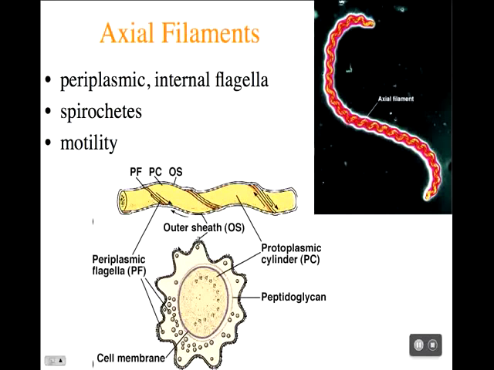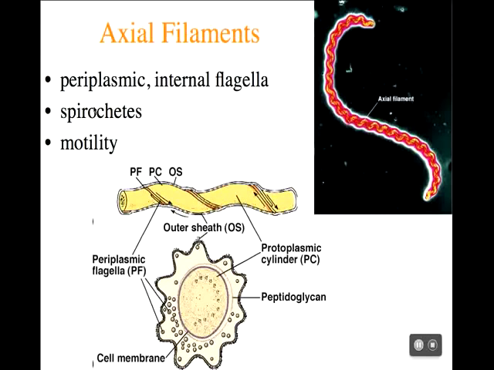The only organisms that have axial filaments are called spirochetes. Remember, the spirochetes are those spring-like cells, highly flexible. They move by corkscrewing through the media. What gives them that unusual shape and movement is the axial filament.